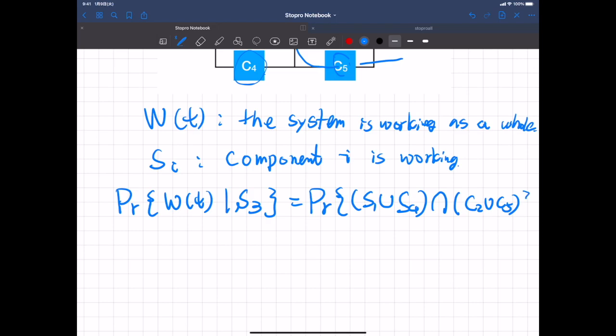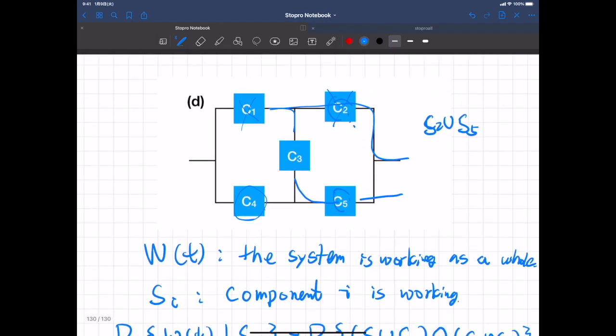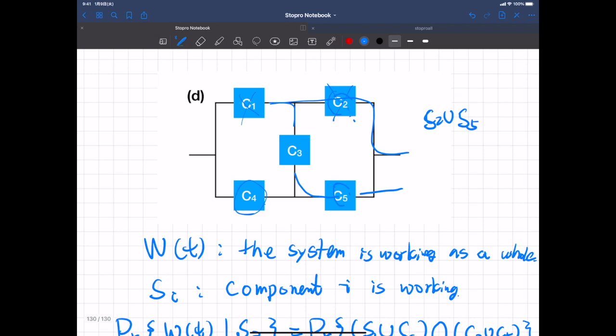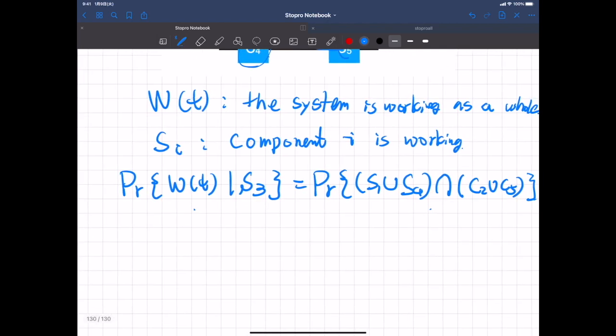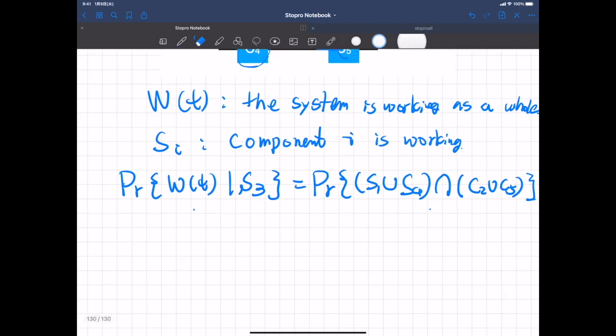Okay. So this probability should be equal to this probability. And also the reliability of each component is independent of other components, as we usually assume.